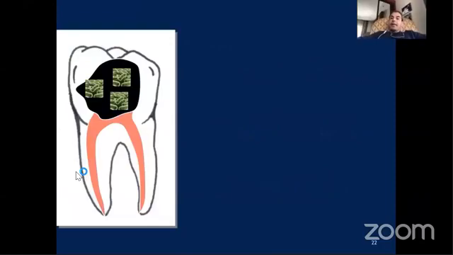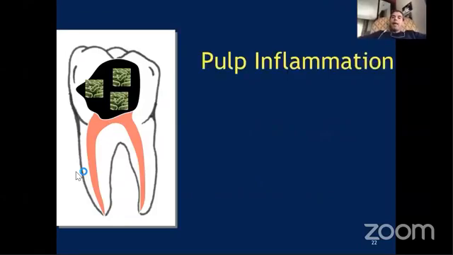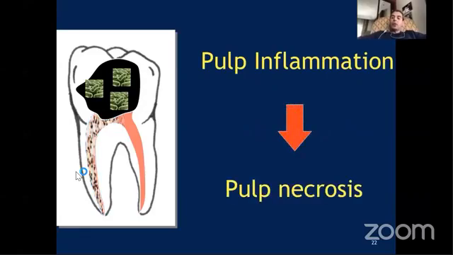The bacteria and bacterial byproducts will multiply, and it will affect the pulp, and the pulp will become inflamed, and it will go on to become necrotic. So the pulp now is dead and necrotic.